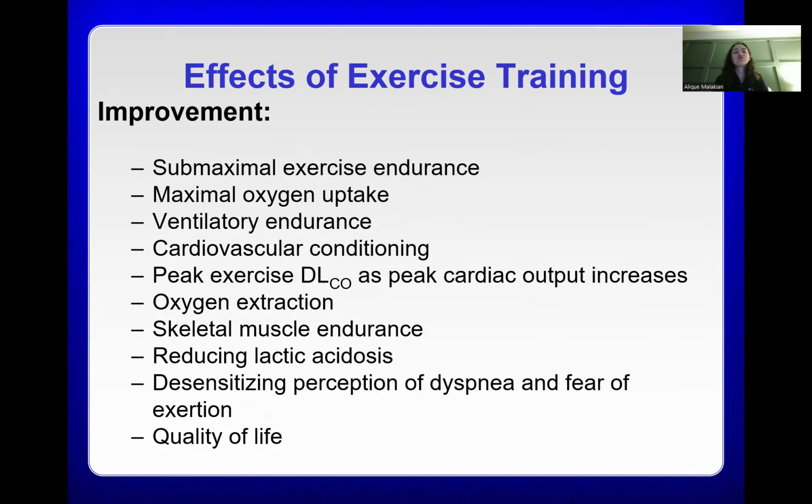So we see improvements in submaximal exercise endurance, max oxygen uptake, ventilatory endurance, cardiovascular conditioning, peak exercise DL of carbon monoxide as peak cardiac output increases, oxygen extraction, skeletal muscle endurance, reducing lactic acidosis, and this is related to the peripheral muscles that are working so that respiratory rate doesn't have to increase because of lactic acid buildup.